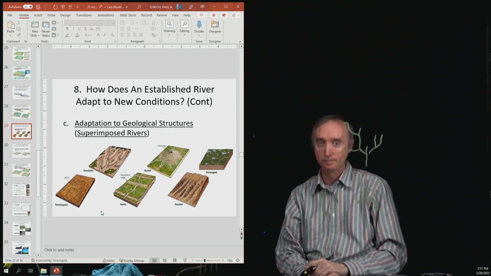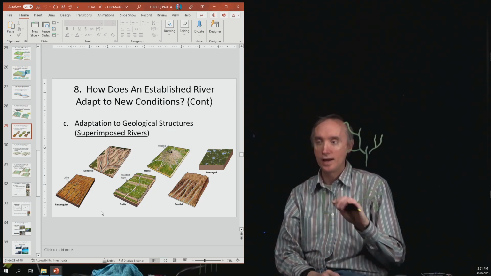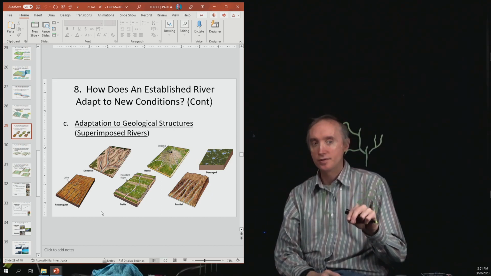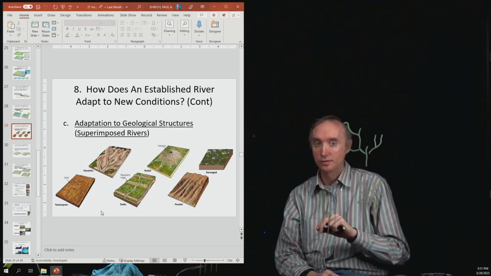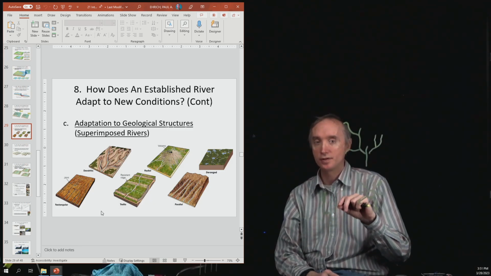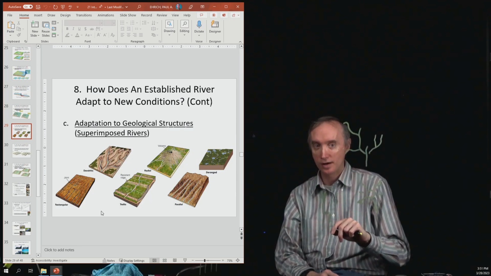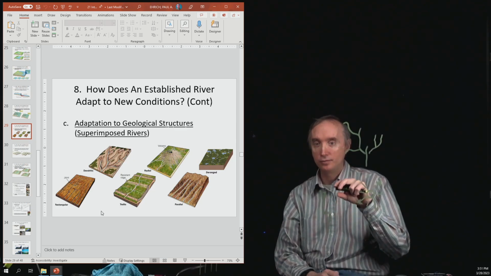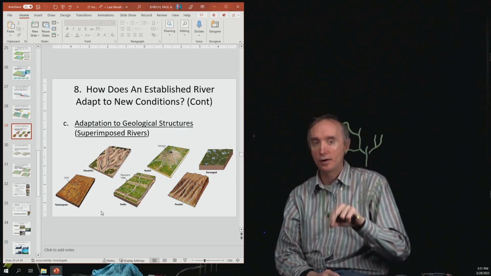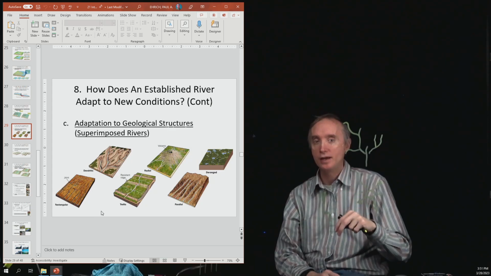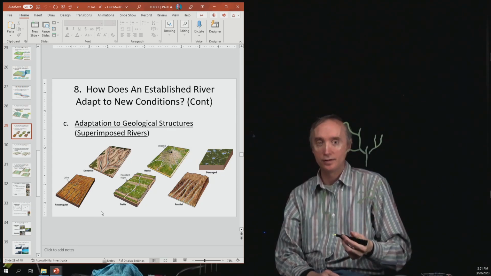Okay, then the last two, the trellis and the parallel, are actually very similar to each other. It's just the direction that the river is traveling. A trellis pattern and a parallel pattern can be made by anticlines and synclines.